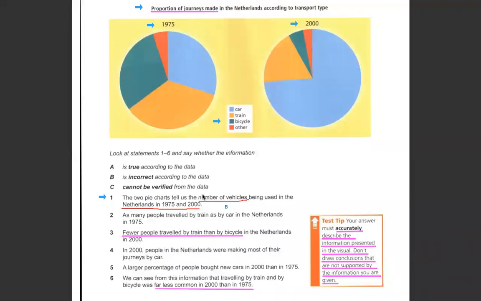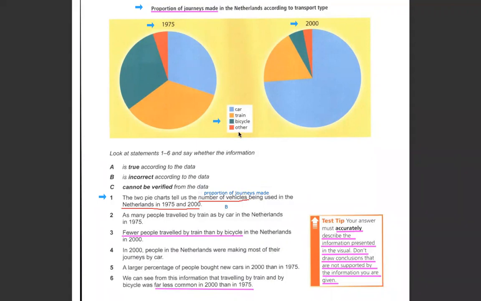All right, we're not looking at the number of vehicles, we're looking at the proportion of journeys made. Okay, so we're looking at the proportion of journeys made in this vehicle.